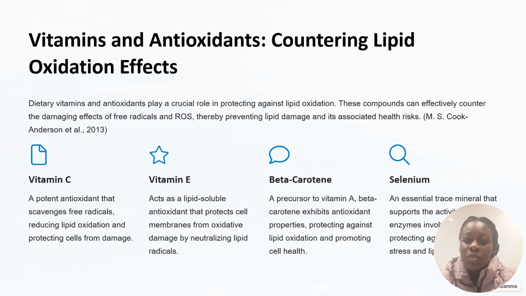Beta-carotene, a precursor to vitamin A, exhibits antioxidant properties, protecting against lipid oxidation and promoting cell health. And selenium is an essential trace mineral that supports the activities of enzymes involved in protecting against oxidative stress and lipid peroxidation. So these are the vitamins that can counter the effect of lipid oxidation.